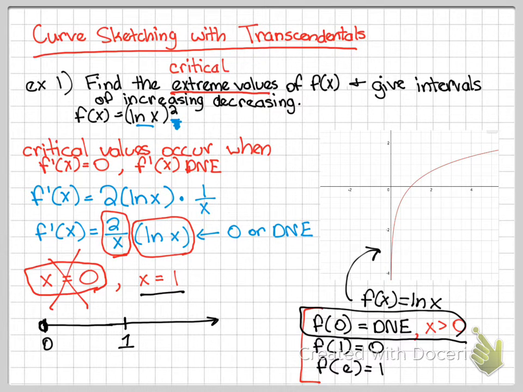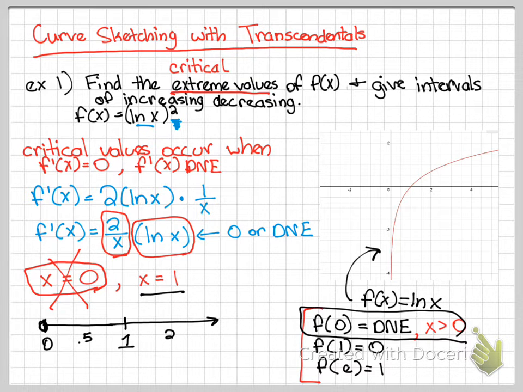So I need to know what's happening on this graph on both sides of 1. Okay, so I'm going to pick a number, so say 0.5 and a 2. All right. Now, we can use our calculator for this. We can use our knowledge of natural log for this. Okay. So, for example, if I do 2 over 0.5, I know that that is a positive number.